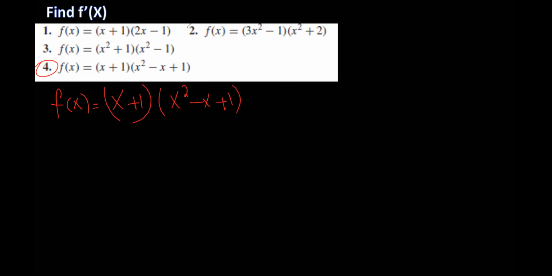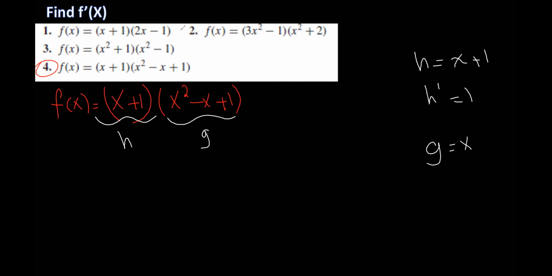I want to determine that this is h and this is g. So h now is x plus 1. So if h is x plus 1, h prime is 1. Now g is x squared minus x plus 1.